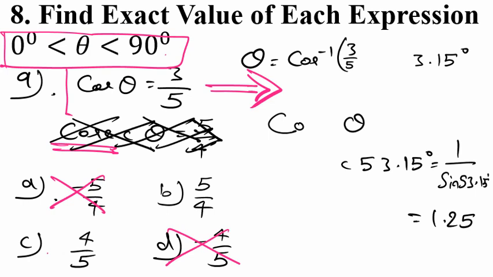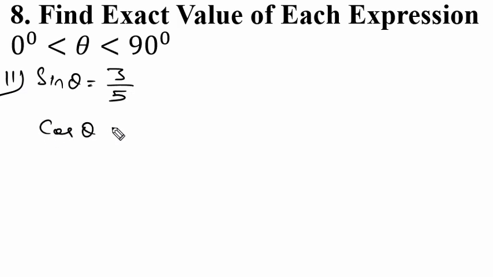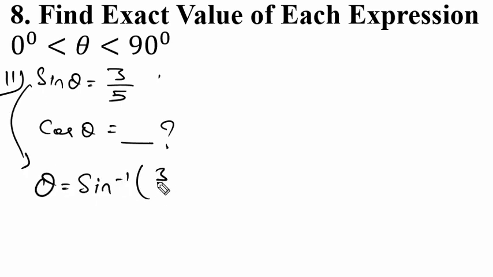You can go back in the video and try that again for other questions. If you want me to try, I can try one more question. Okay, let's try question number 11. Sine theta is equal to 3 over 5, and find cos theta. So what I will do, theta is equal to sine inverse 3 over 5.